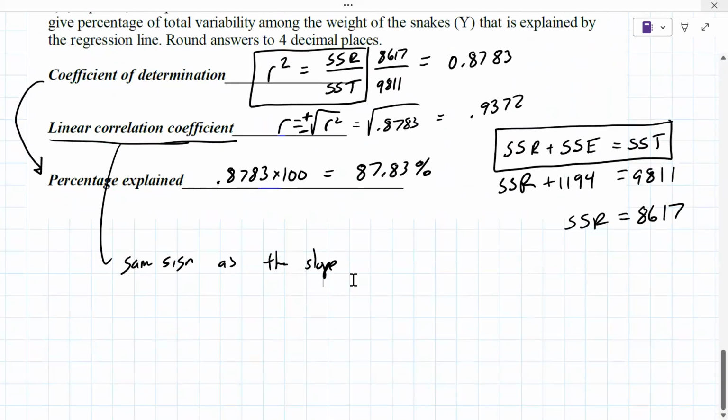Since the slope was positive, that means that this is positive, as the slope.